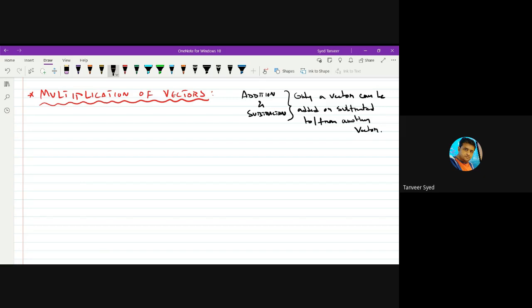You can add two vector quantities, or you can subtract two vector quantities. You cannot add one vector and one scalar. You cannot subtract one scalar from one vector. They are physically meaningless.